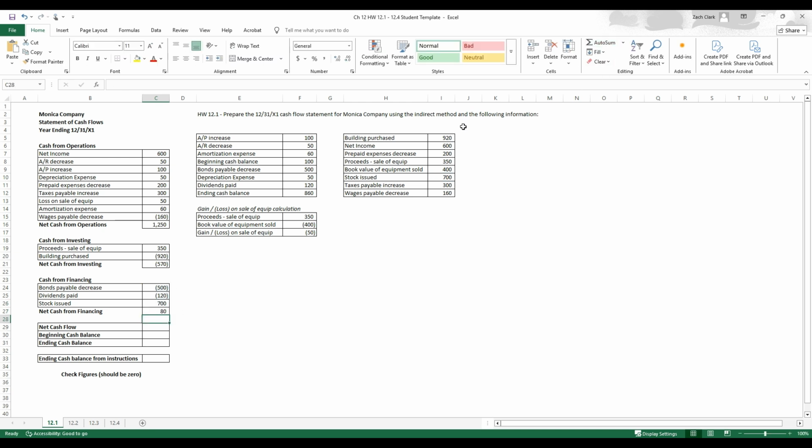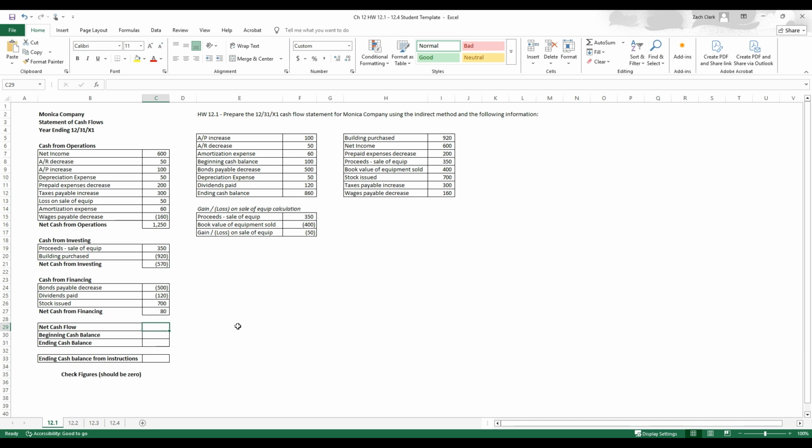Hit our auto sum. So $80 net positive cash flow from financing. And do keep in mind, investing has all of our investments or long-term assets. The financing section has all of our borrowing or repaying money, anything equity related, and then everything other than that, operations-wise, falls into the first category.